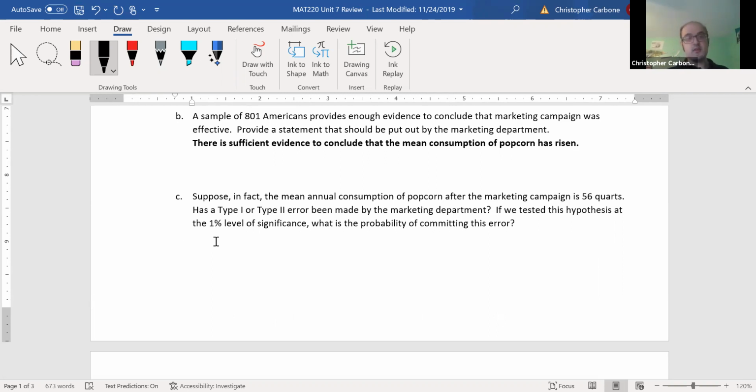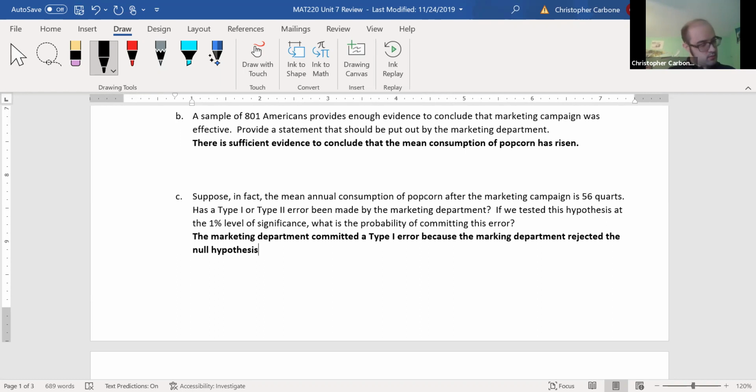Since we are claiming that we could reject the null hypothesis when indeed the null hypothesis is true, the marketing department, I should say, committed a type 1 error because the marketing department rejected the null hypothesis when it was true.